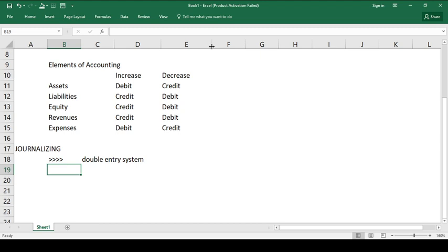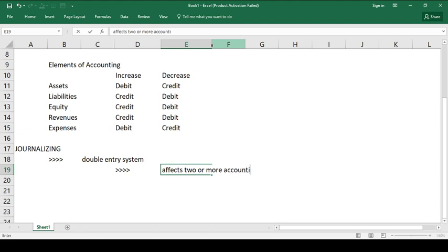Kaya nga double entry kasi it will affect not only one account title but at least two and more account titles. Yun po yung ibig sabihin nun. Kaya tinawag siyang double entry system.